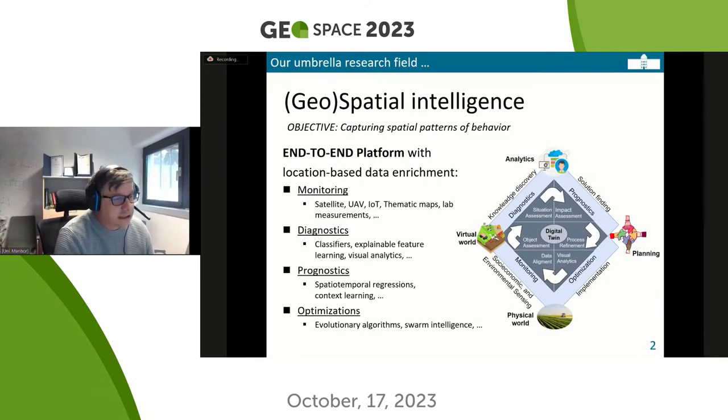On top of this data, we can then implement diagnostics algorithms in terms of classifiers, feature learning algorithms, visual analytics algorithms, and stuff like that. On top of that, we can then do prognostics in terms of spatial temporal regressions, context learning, and stuff like that. And of course, we try to optimize everything in order to implement optimal or close to optimal solutions in the real world.